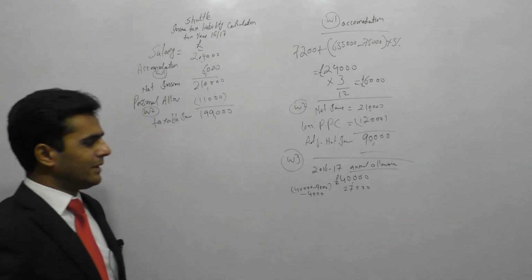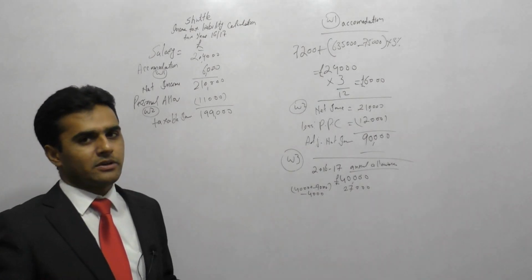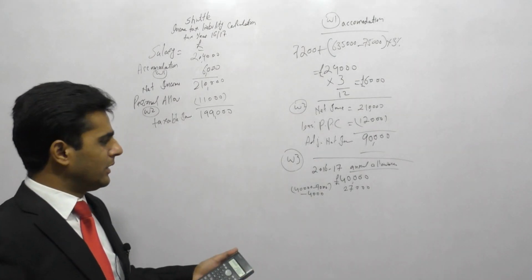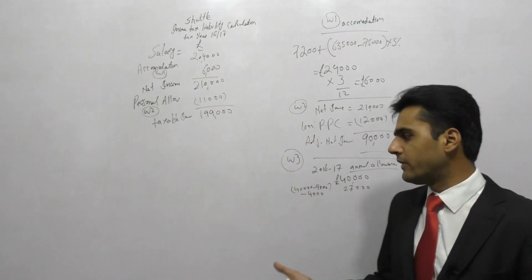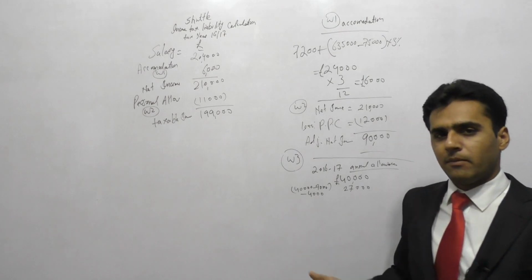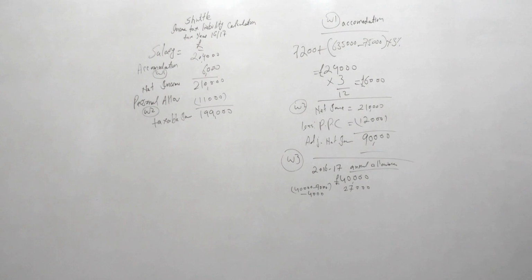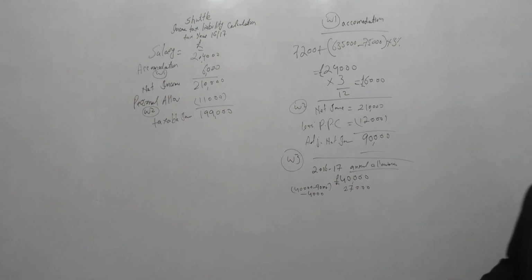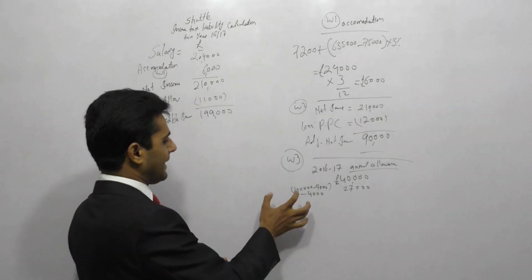The reason I'm doing it like this is because when I redo it, you will remember it forever. If I just do it straight away, you will not remember it as well as when I do it again by showing you this figure. That £4,000 was contributed every year, so we have to deduct that as well.